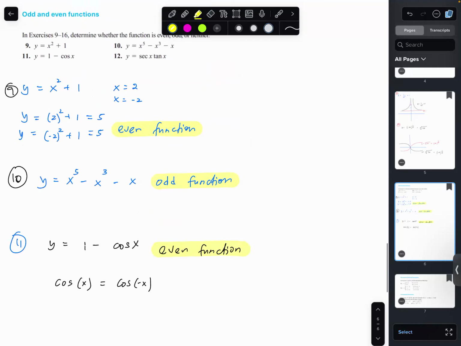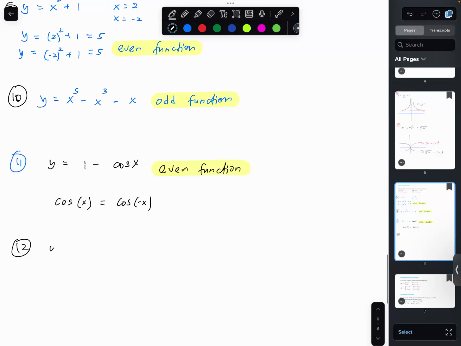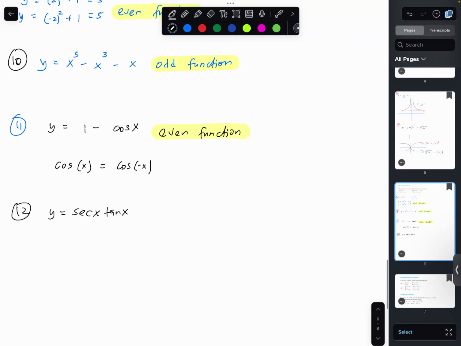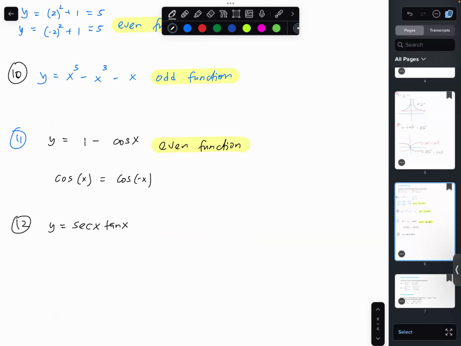The next one, 12. We have y equals sec x tan x. So this is going to be y equals, sec x is the same thing as 1 over cos x, times sin x over cos x.